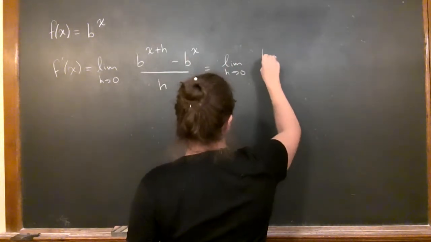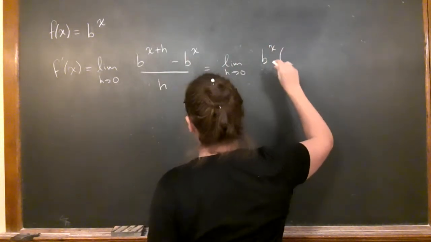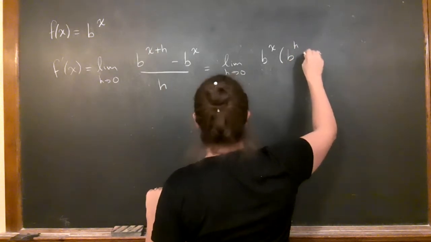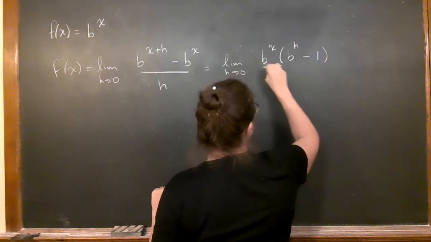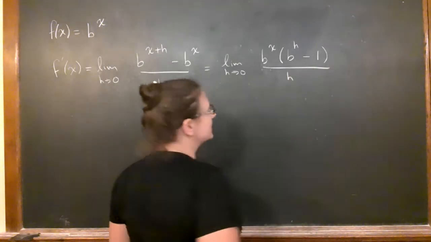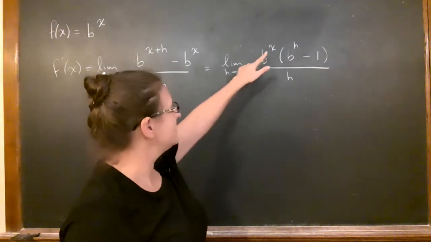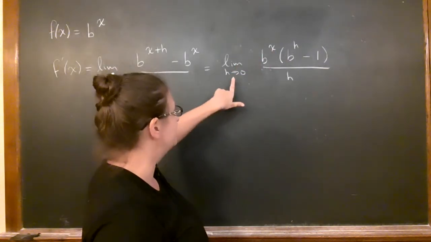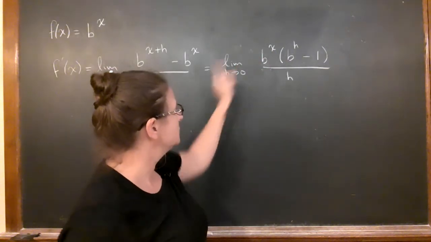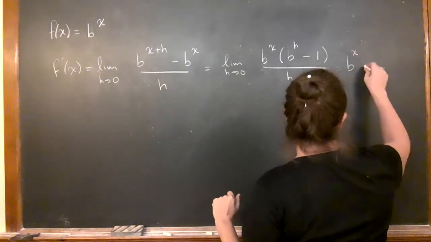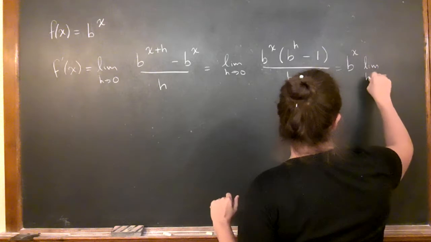Both of these have a b to the x in them, right? Because this is b to the x times b to the h. So this becomes b to the h minus 1 over h. And here I can do something that I did before with a constant. The b and the x have nothing to do with the limit because the limit is just over h. So I can pull that whole thing out. So I have b to the x, and then I have this limit.